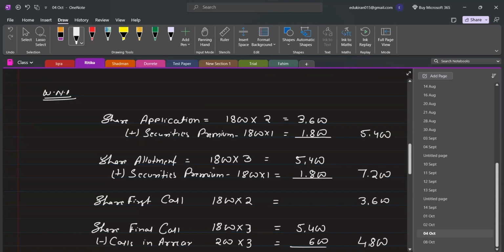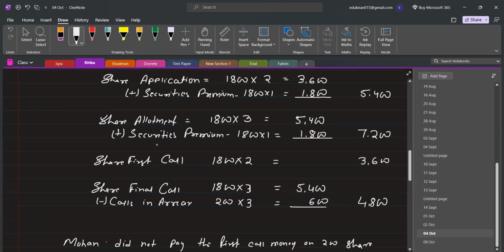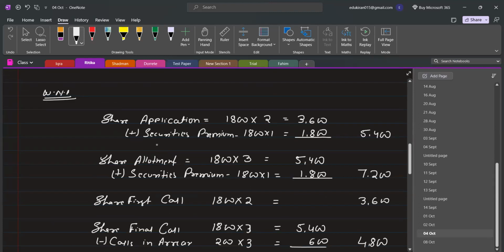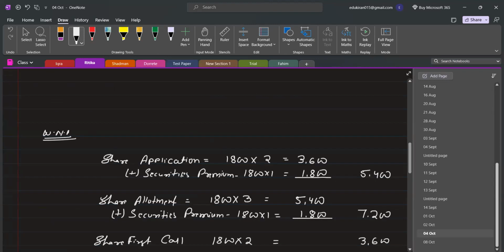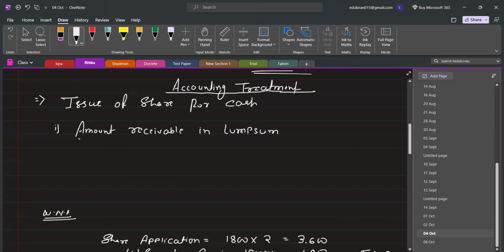After that, working note. Actually, this working note is related with the amount payable in installment method. But we have to do the journal entry for amount receivable in lump sum.